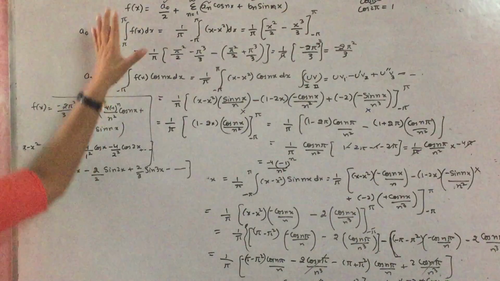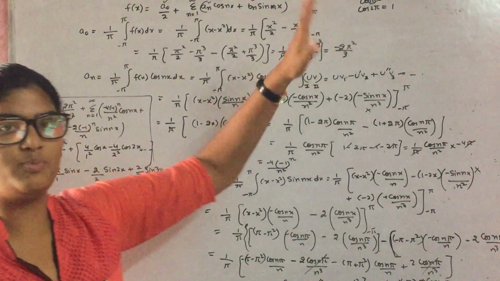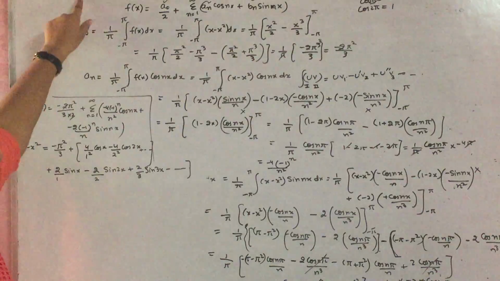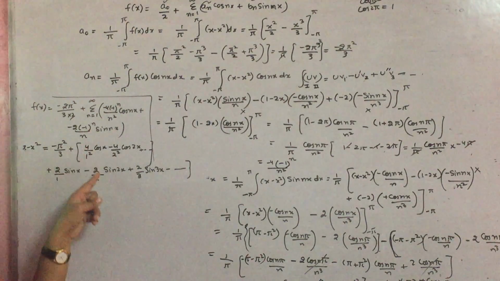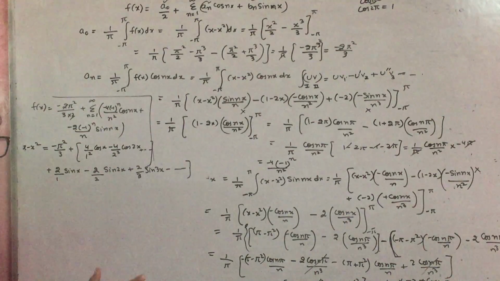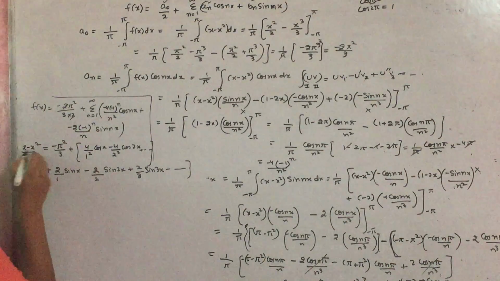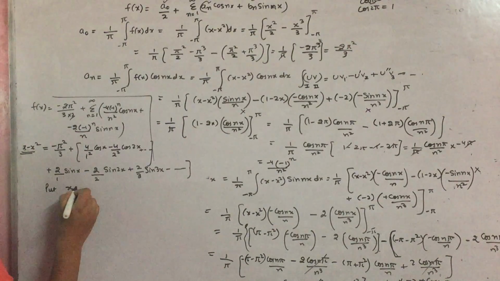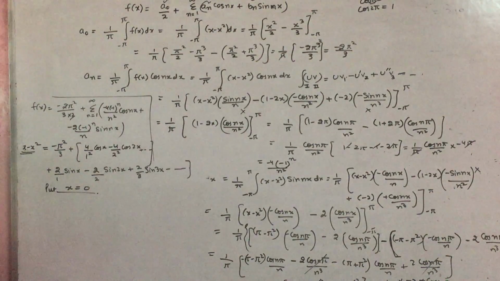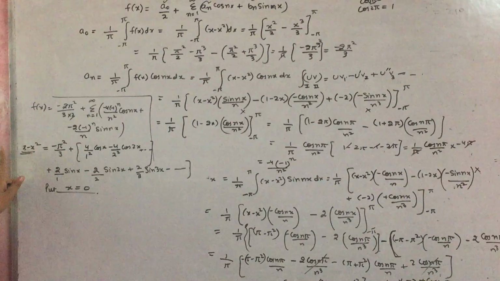Now some of the questions have some proceedings towards also, that you have to prove that something is equal to 1 upon 1 square, 1 upon 2 square. In that type of question, you have to just substitute x as something. Let us suppose if you put x as 0, what you will get? 0 minus 0 square, 0.